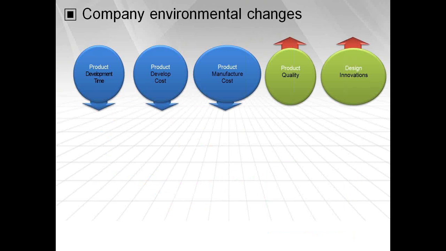So mainly CAE gives 5 main benefits for car industries. The first one is the product development time, which is reduced. You have less costs, less manufacturing cost as well, and it increases the product quality, and also you have better innovation chance.